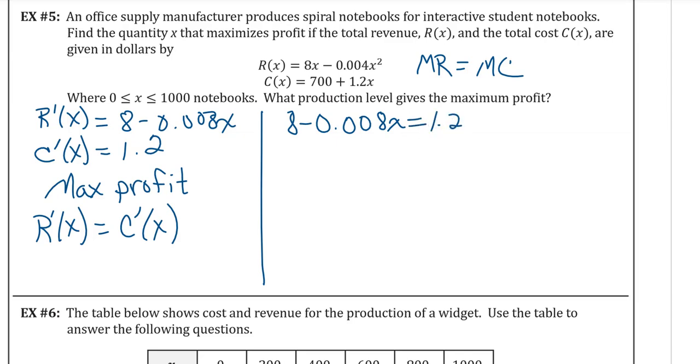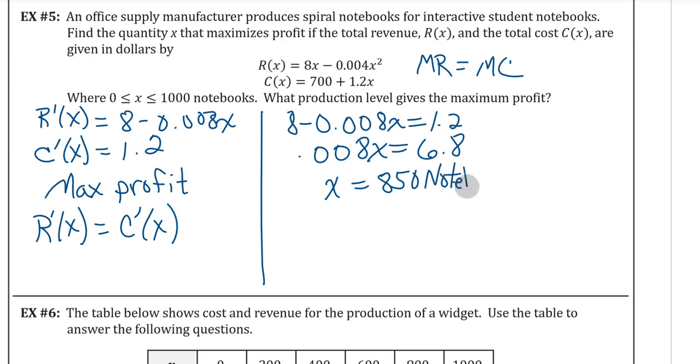Solving for x, we're going to get 0.008x equals 6.8. And so when we divide this, we're going to get 850 notebooks. That's where we're going to maximize our profit. We have the capacity to produce 1,000, but our profit will be maximized at 850 notebooks.